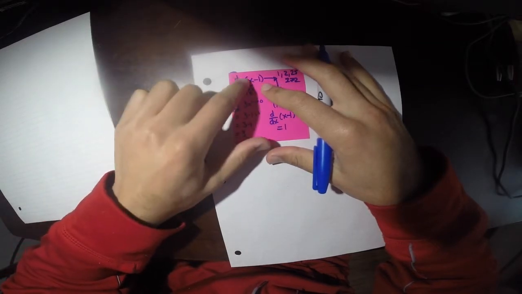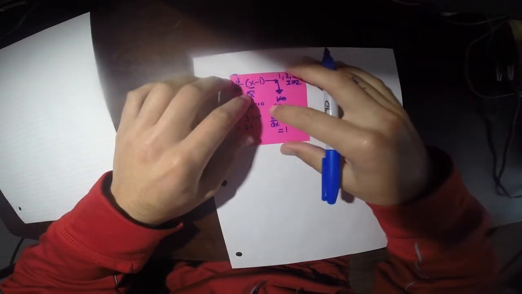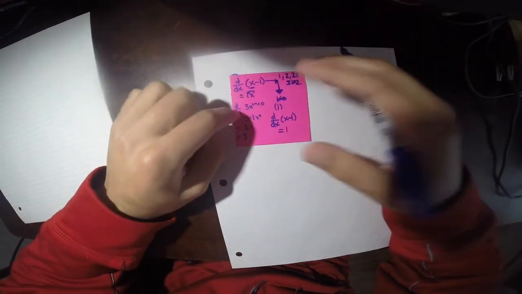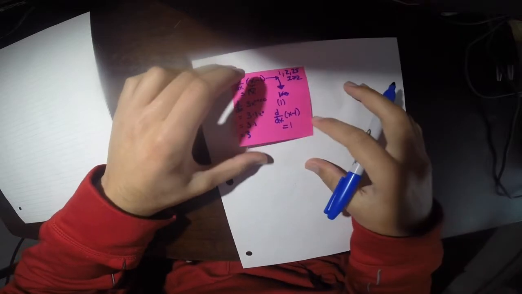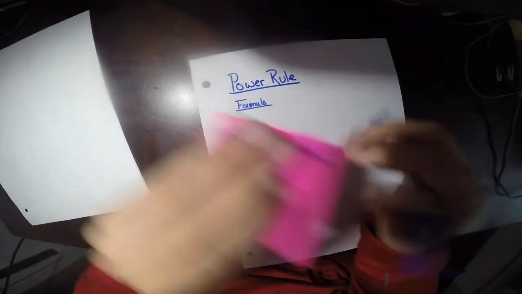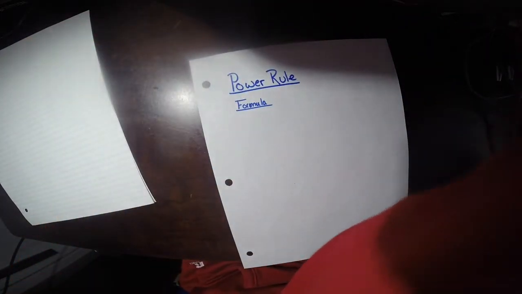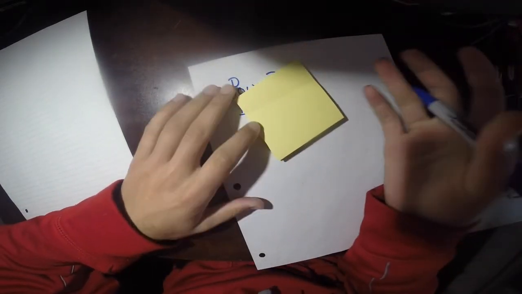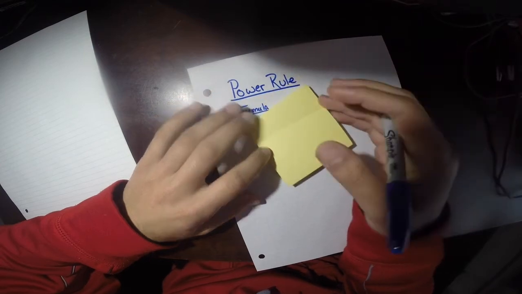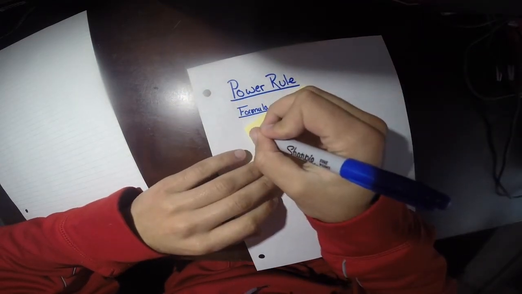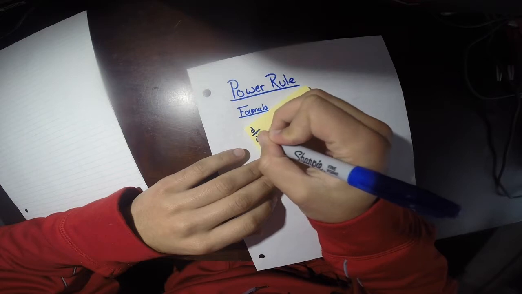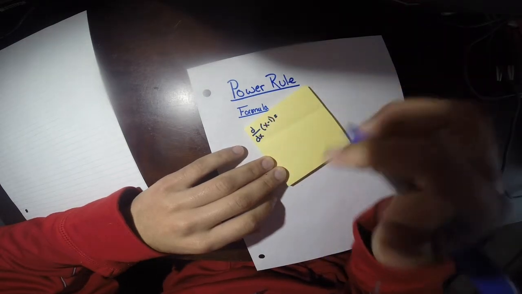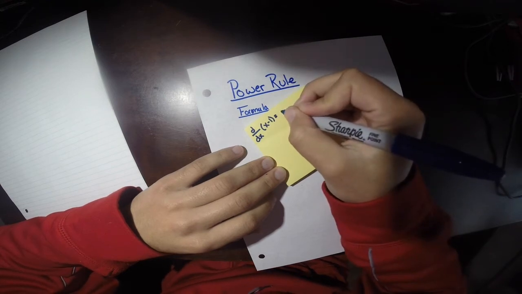They take the d divided by dx, which stands for derivative, and then x minus 1, which is the normal function, not the derived function. For x minus 1, you write d over dx of the normal function, and then the derivative, which would be 1.